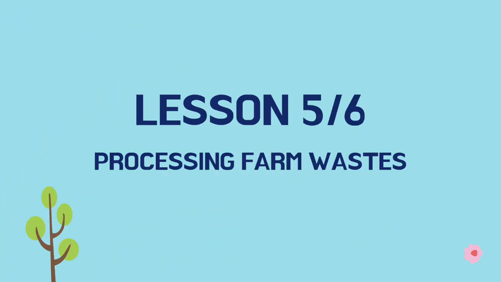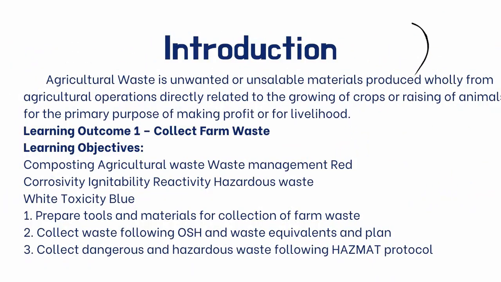Our lesson for today is processing farm wastes, or lessons 5 and 6. Agricultural waste is unwanted or unsaleable materials produced wholly from agricultural operations directly related to the growing of crops or raising of animals for the primary purpose of making profit or for livelihood.